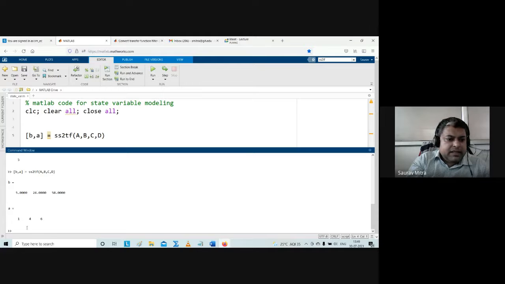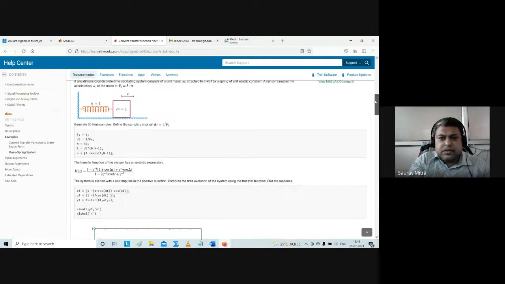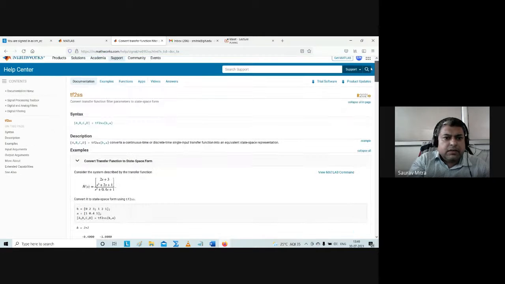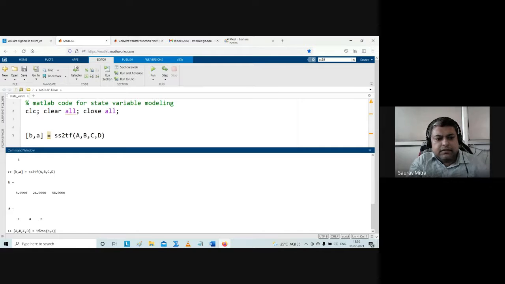So B and A is given, and then we use the same code. What is the code? ABCD is equal to TF to SS of B comma A. So let us see what we get.